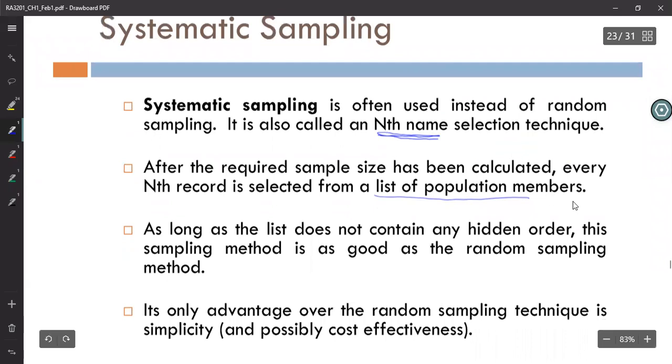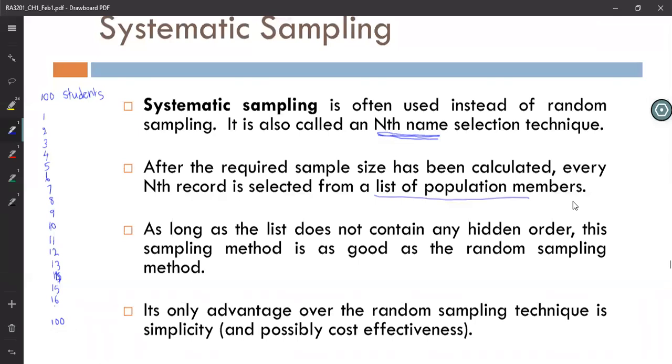I'll again take a small example of 100 students. So you have 100 students starting from 1, 2, 3, up to 100, and you have their names and whatever other information.